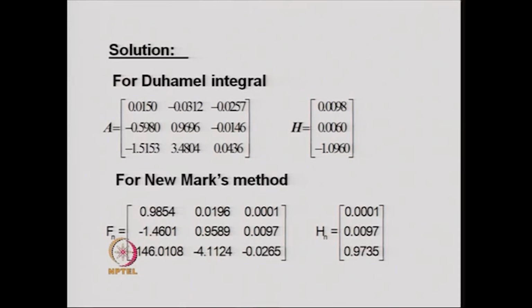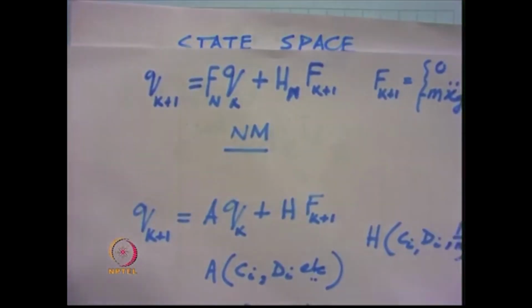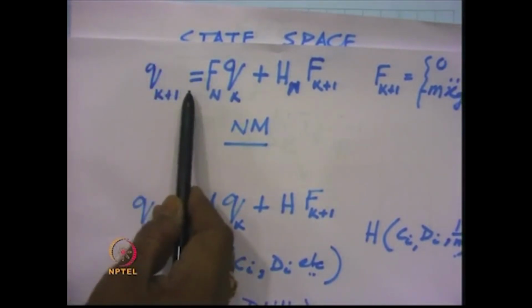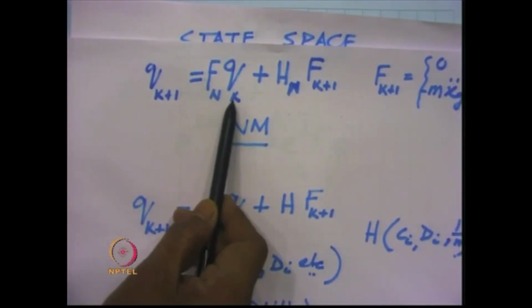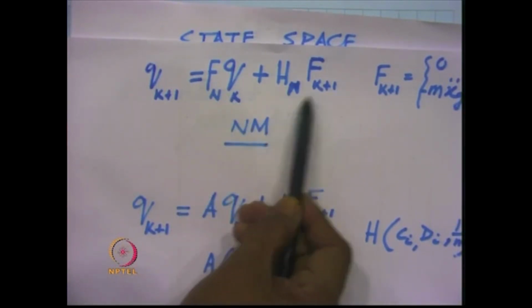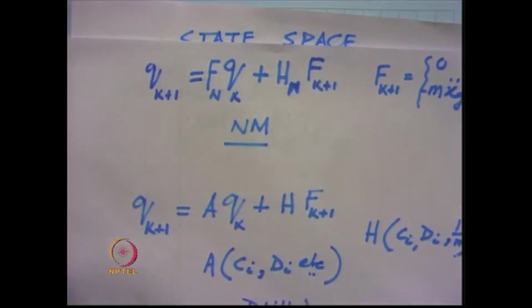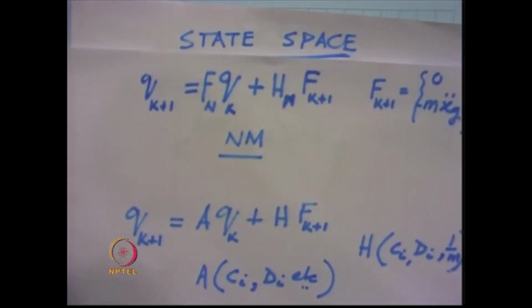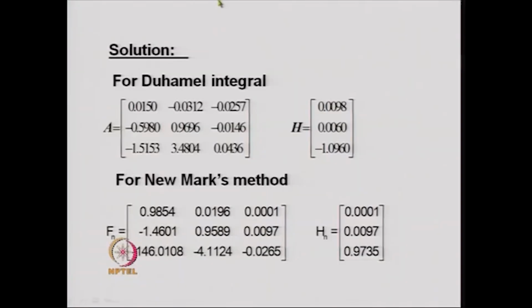For recapitulation, we use q k plus 1 is equal to F n multiplied by q k and H n multiplied by f k plus 1. F k plus 1 is known, that is for the Newmark's beta method, and for the Duhamel integral we have A multiplied by q k.